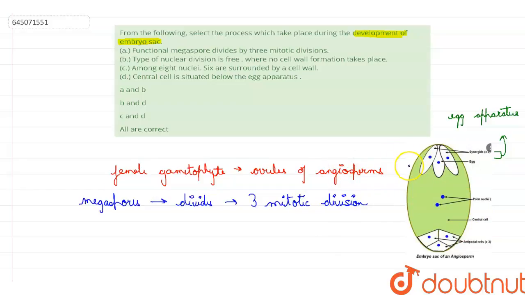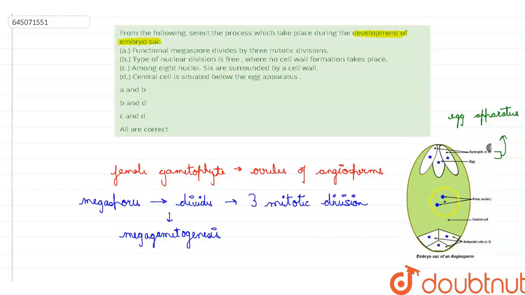The second stage is megagametogenesis, where the embryo sac is formed due to the mitosis of the functional haploid megaspore to form an 8-nucleate and 7-cell gametophyte.